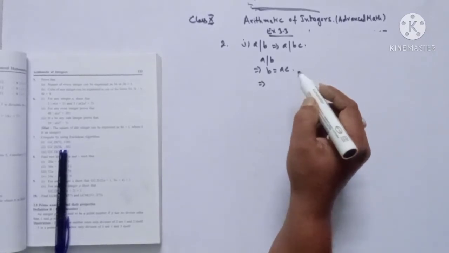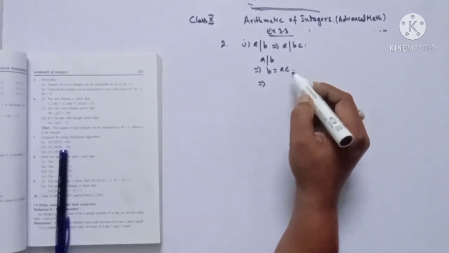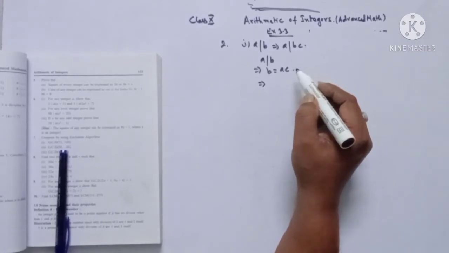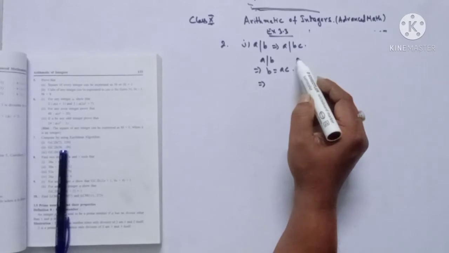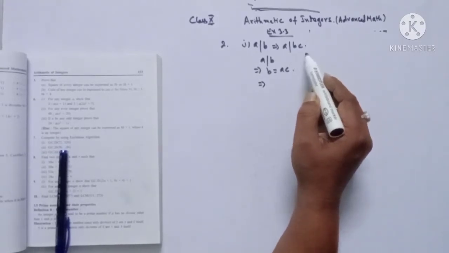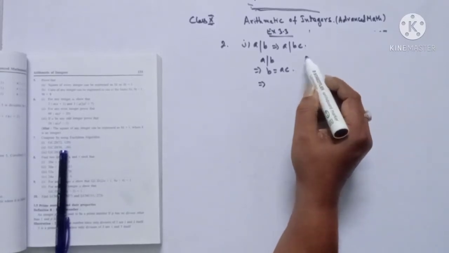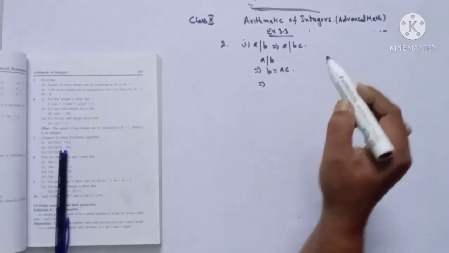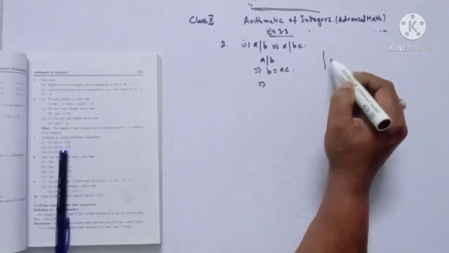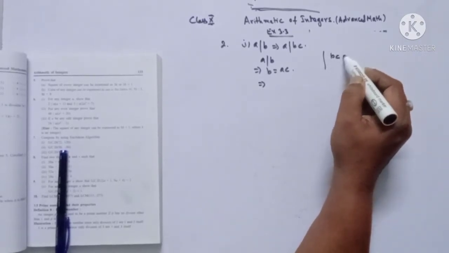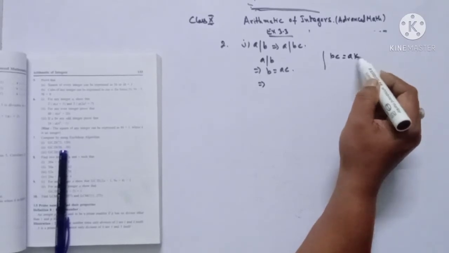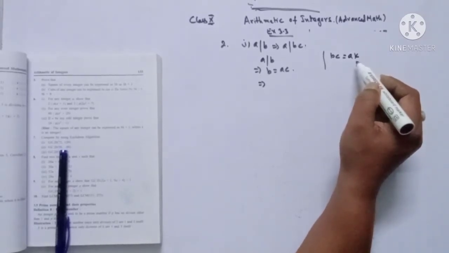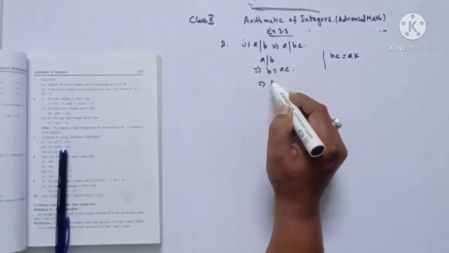Here, this is A divides B, that implies that A divides BC. In A divides BC, that means you have to bring like that BC is equal to AK, where K is some constant. So it's okay, there's no difficulty.